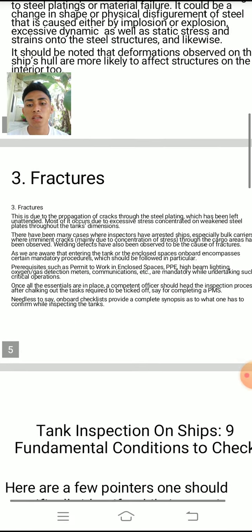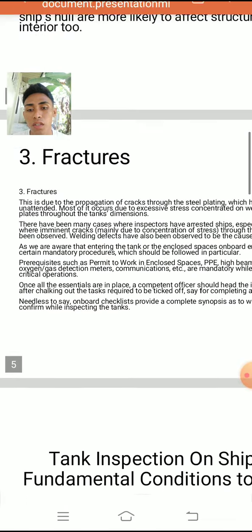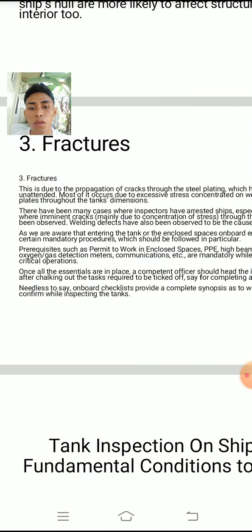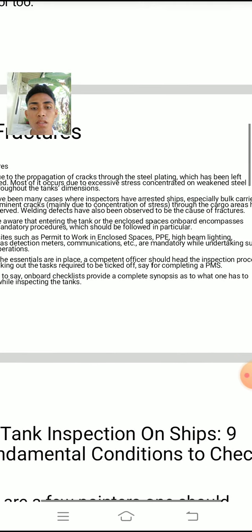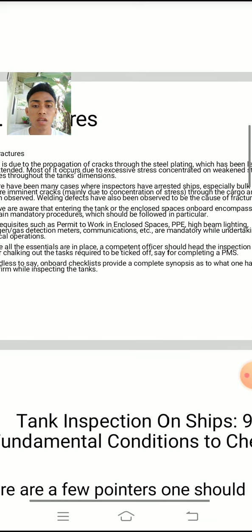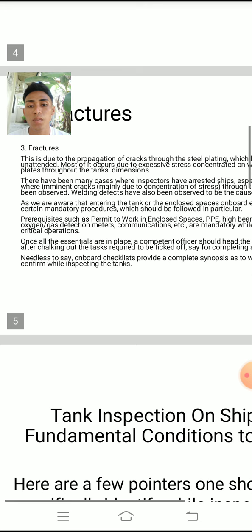Number three, fractures. This is due to the propagation of cracks through the steel plating, which has been left unattended. Most of it occurs due to excessive stress concentrated on weakened steel plates throughout the tank's dimensions.